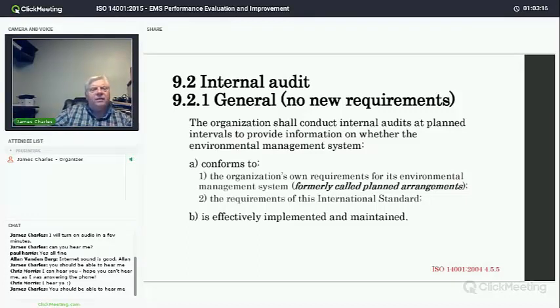And the goal of the internal audit is to validate that we've implemented our planned arrangements, our requirements, to validate that we've implemented our procedures. And if you look at the standard, that's the first thing it tells us to do. Check on the organization's own requirements.